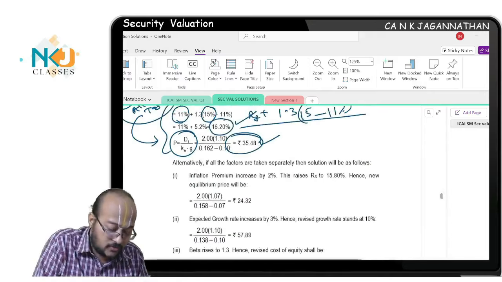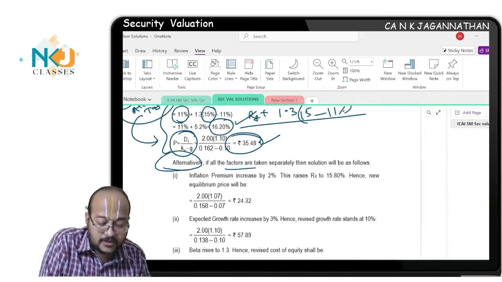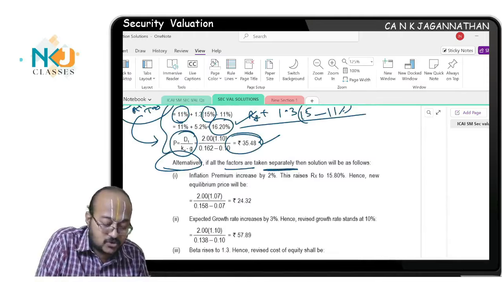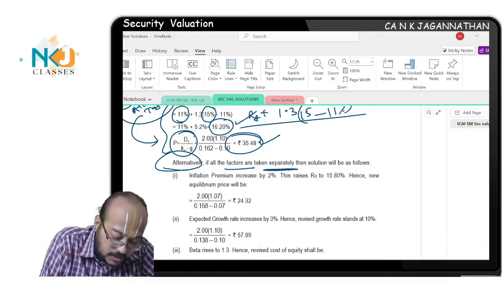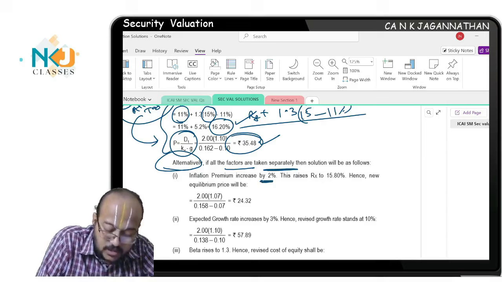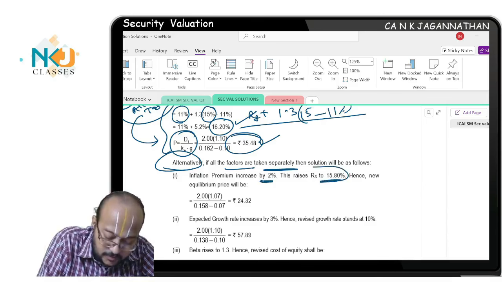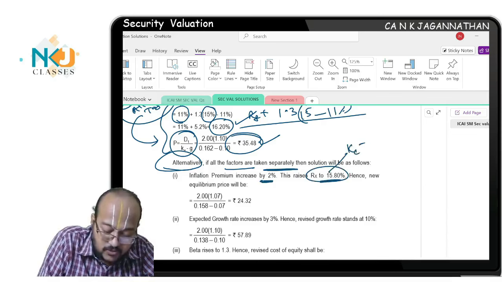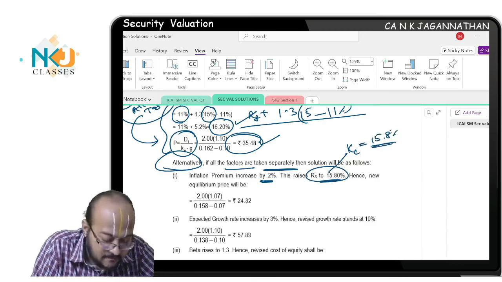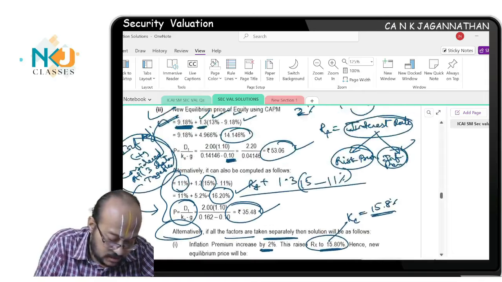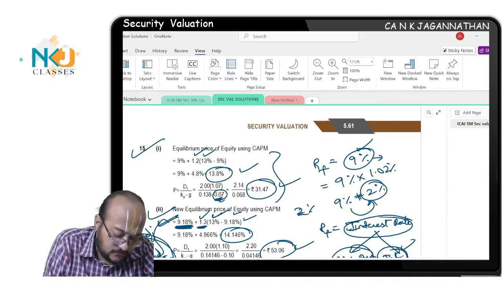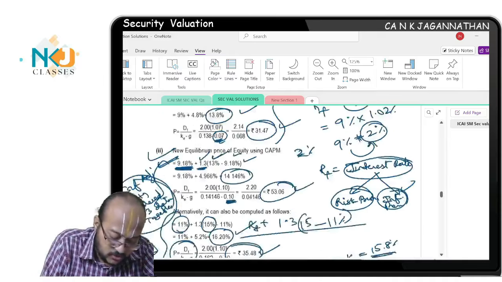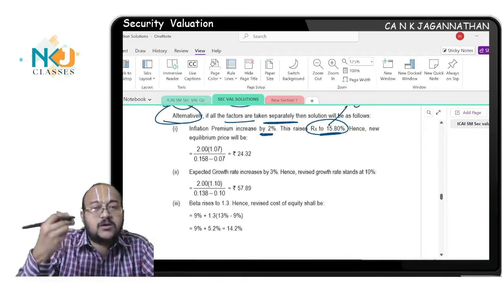In this alternative, if all the factors are taken separately, then solution will be this way. Inflation premium 2% raises to 15.8%. KE is equal to 15.8% if inflation raises by 2%. Why? Because what they have done in this way also is the previous method.